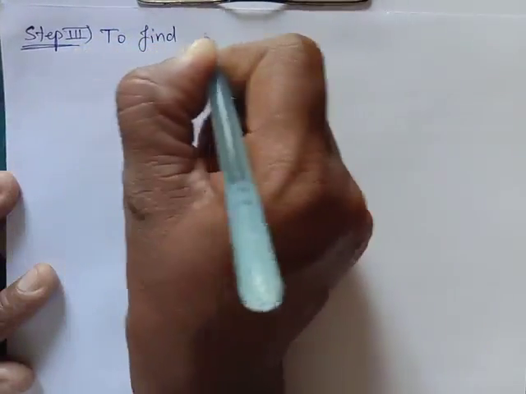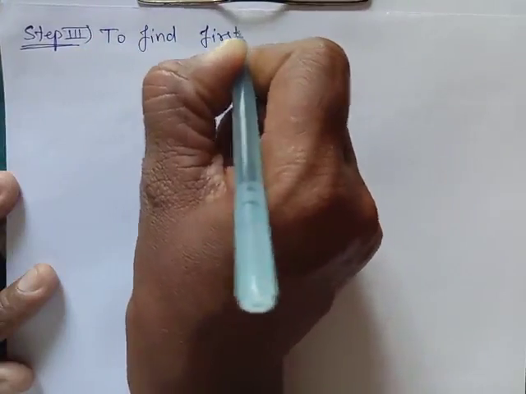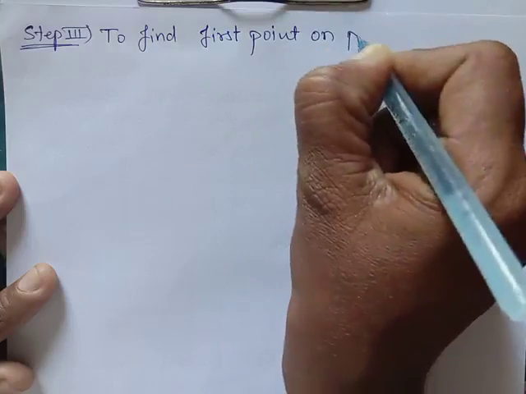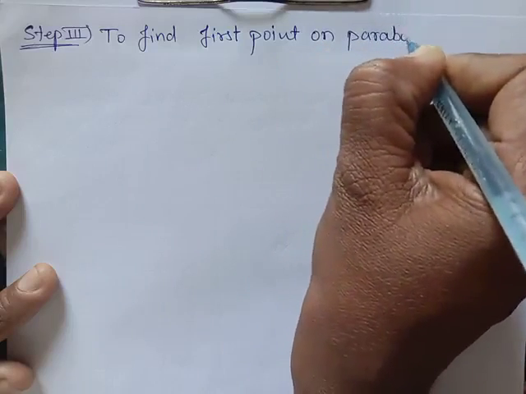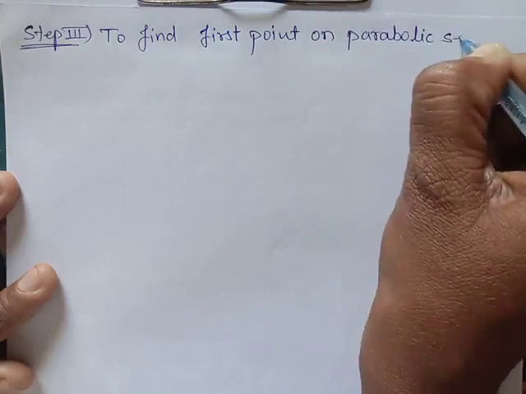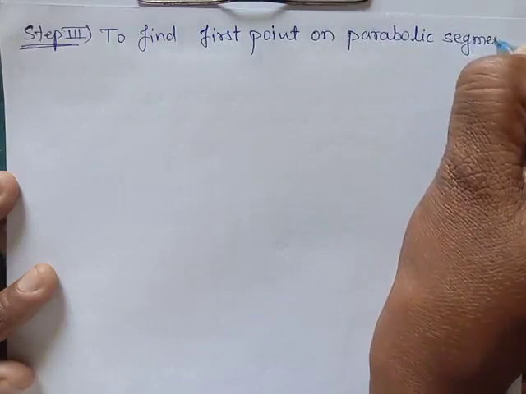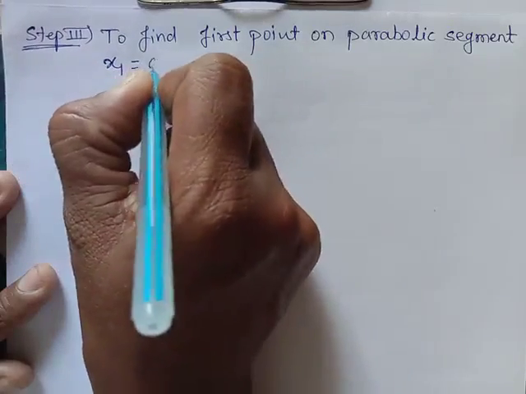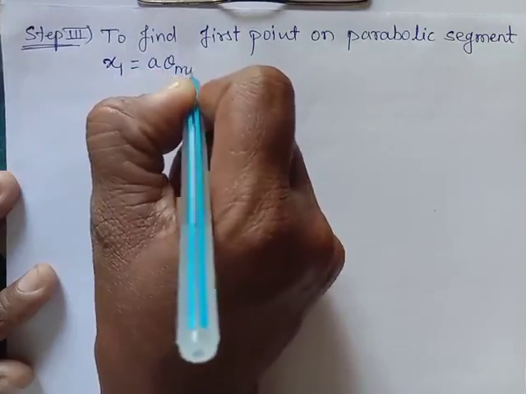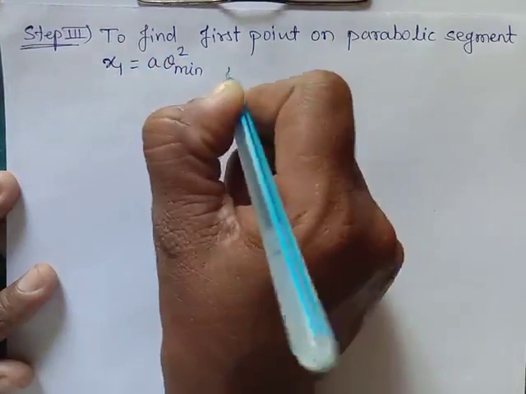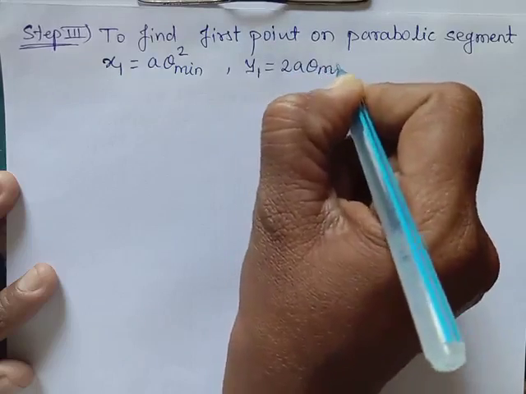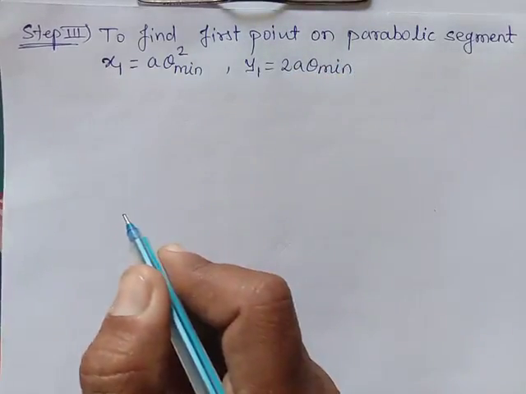to find first point on parabolic segment: x1 equal to a theta minimum square and y1 equal to 2a theta minimum. This is our first point.